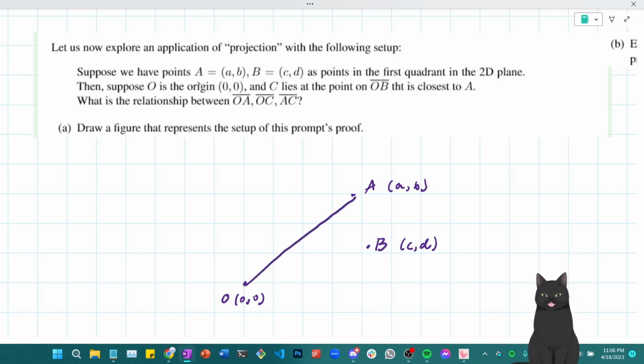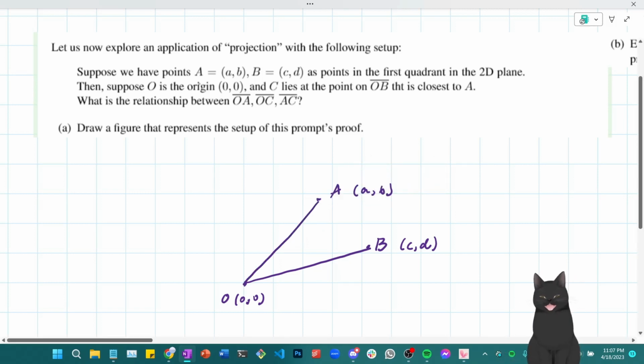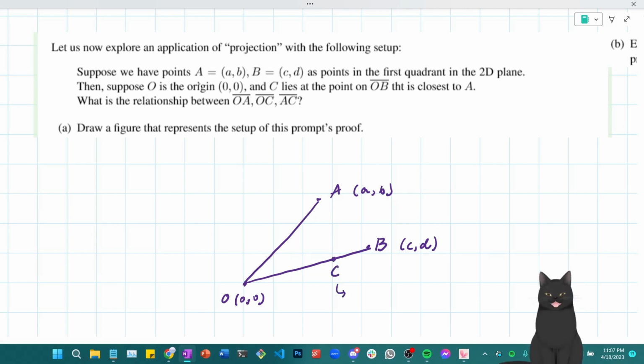So OA is going to be drawn as the line segment between O and A. OB is the line segment drawn between O and B. And it would be a little more helpful if I shift A a little to the left, because I will have to draw a point C, where C is the point on OB that is closest to A.